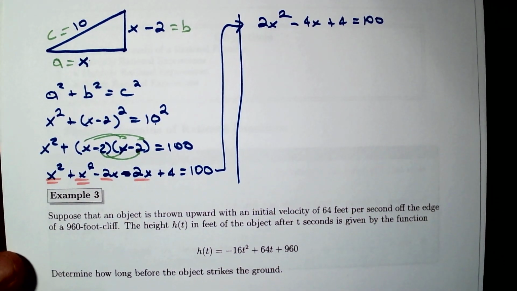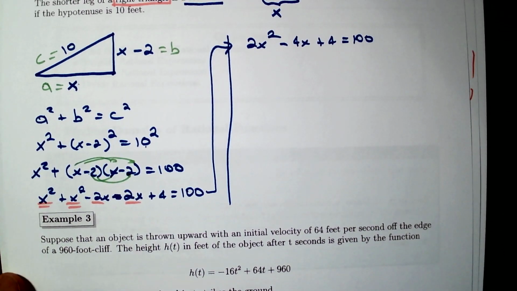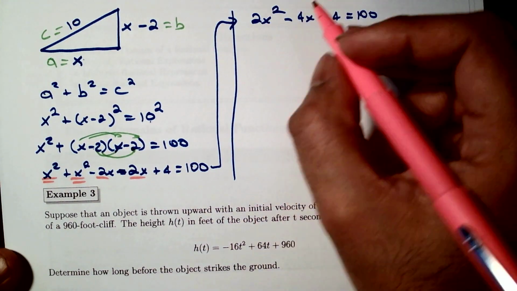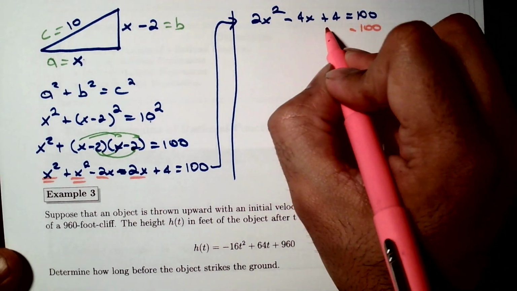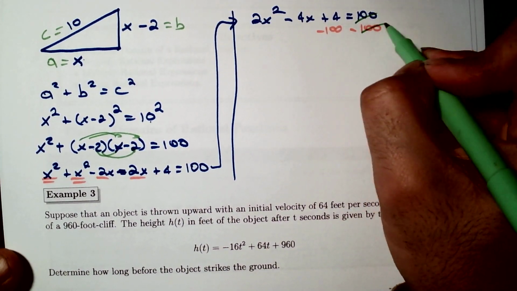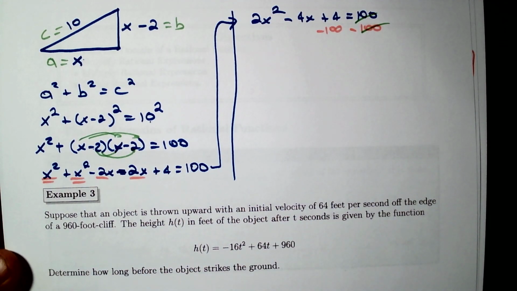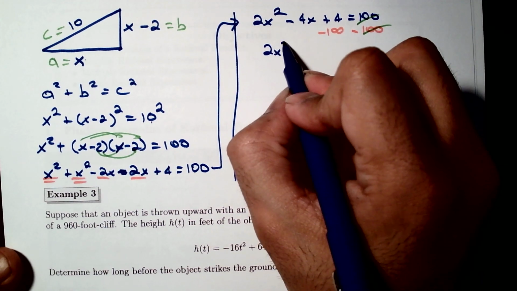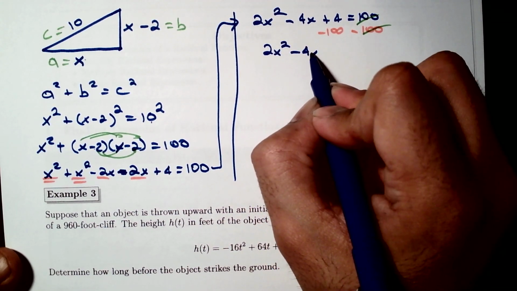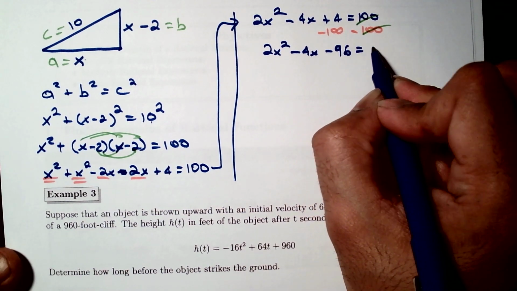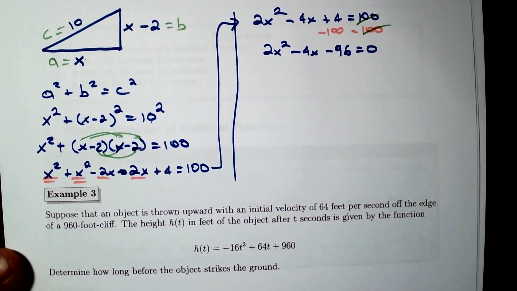And again, the method to solving this equation is by having all terms on the left hand side. So we're going to subtract the 100 on both sides to make that a 0. So this 2x squared minus 4x, and 4 minus 100, that's a negative 96 equals 0.